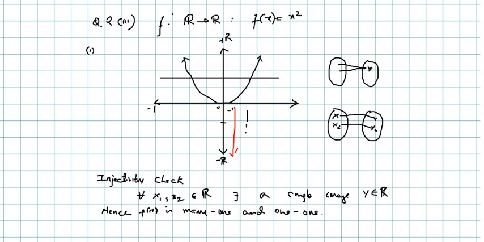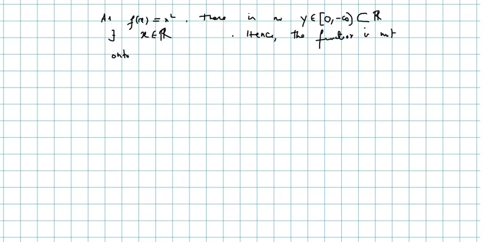Now, if you change the domain and codomain, for example, the domain is R, however, the codomain will be, let us say, from 0 to plus infinity. Now, is the function onto? The function is now onto, because we have changed this. This is the domain, this is the codomain.